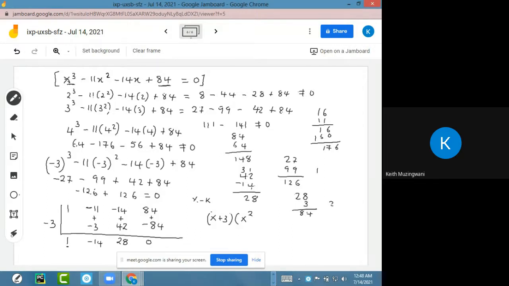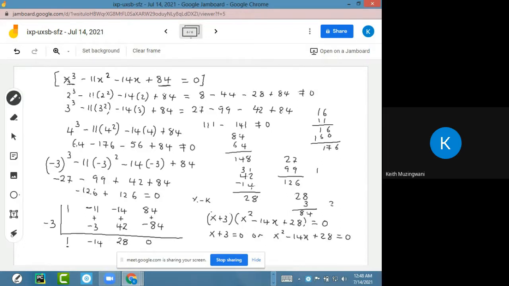And then minus 14x, and then plus 28 is equal to 0. This means x plus 3 is 0, or x squared minus 14x plus 28 is 0.